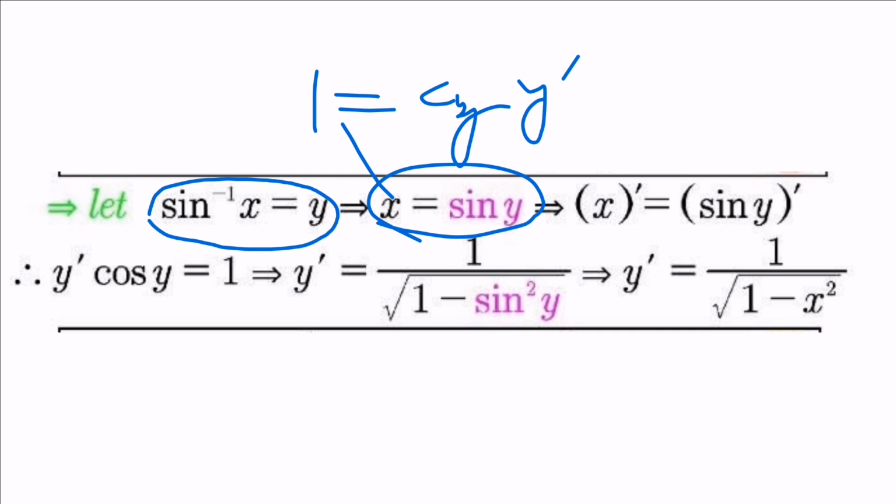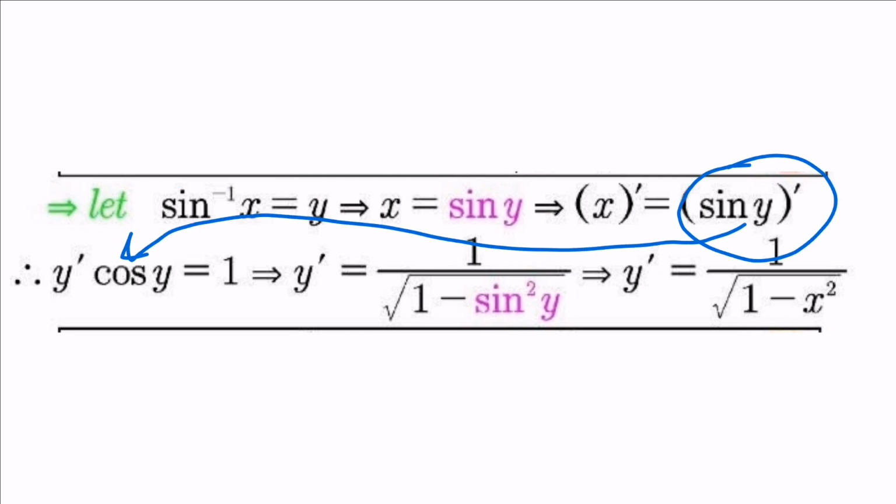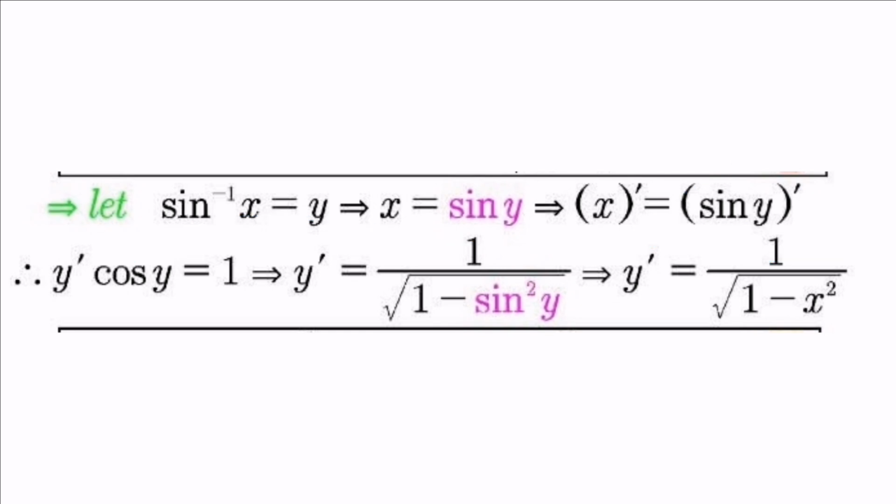So derivative of x becomes 1, and derivative of sine y becomes y dash cos y, which implies that y dash is equal to 1 over cos y.